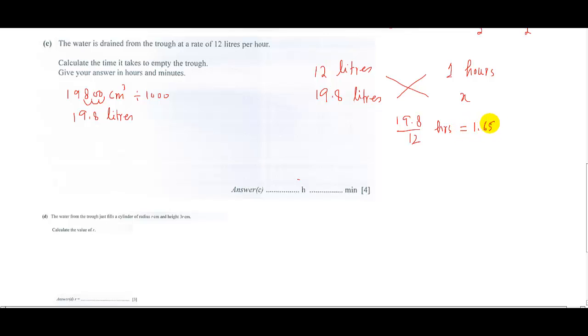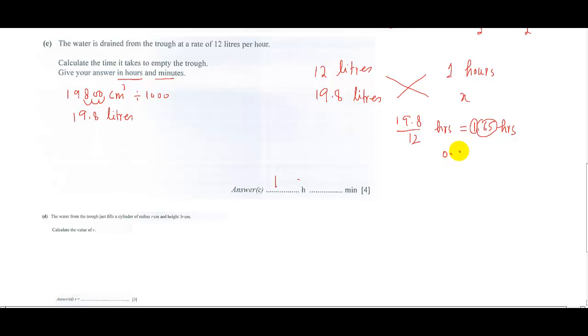We have to give the answer in hours and minutes. So this is a complete 1 hour, but 0.65 is not a complete hour. If it is not a complete hour, then it is in minutes.